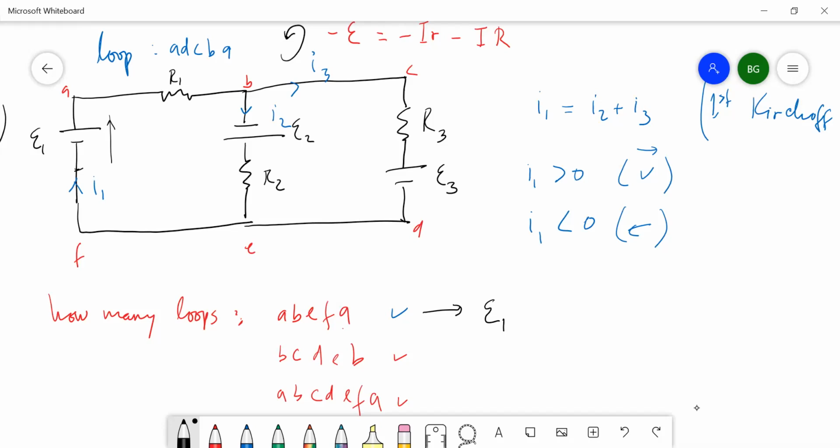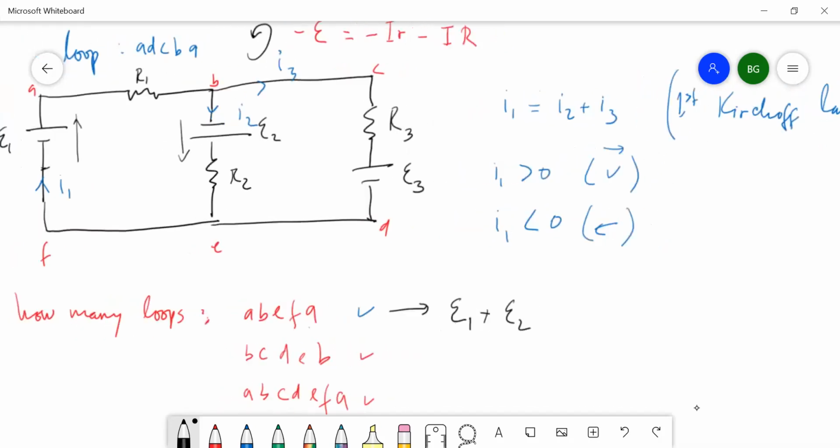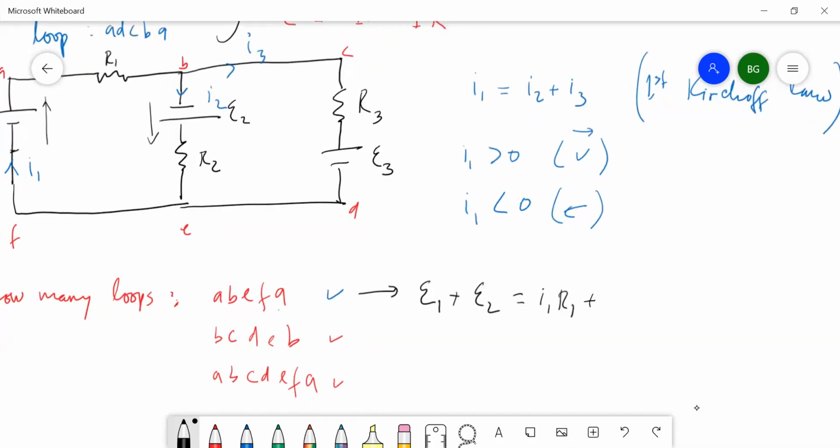The other way around is this one, yeah? And then also this one, so it should be positive. Okay, this equals I1 R1 plus I2 R2.